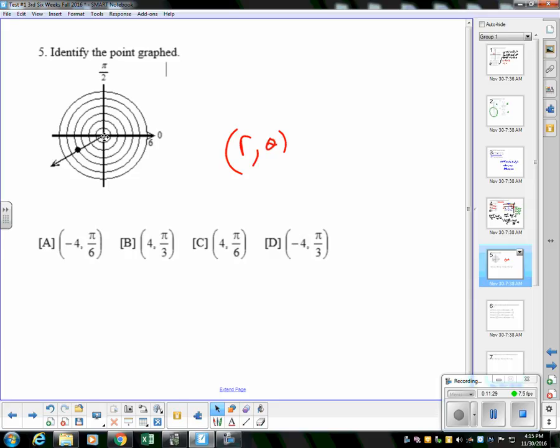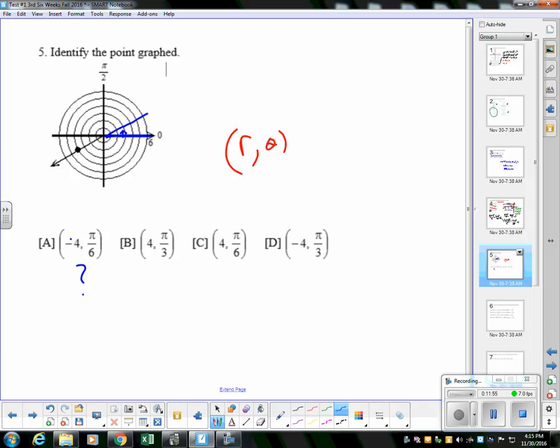So really the better way to do this, in my opinion, is to look at the answer choices and work backwards. For example, if A is the answer choice, then what it's saying is that you face the positive polar axis, the positive x-axis, and you rotate pi over 6 radians, which will put you in an angle like this.